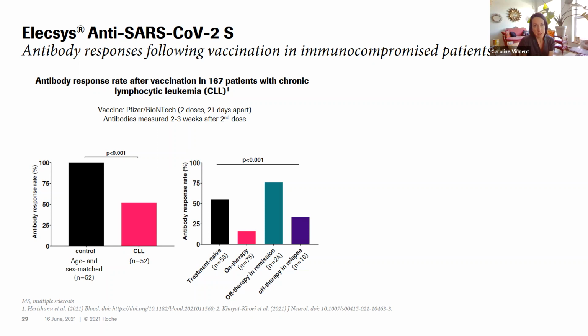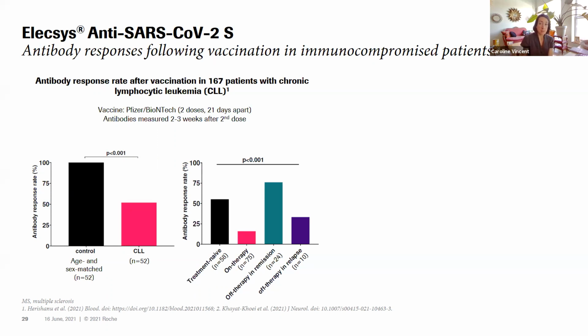So in the figure on the left, we see a comparison between 52 patients with leukemia and 52 age and sex-matched healthy controls. And we can see that only 52% of the leukemia patients developed antibodies, whereas all of the individuals in the control group did develop antibodies after vaccination.